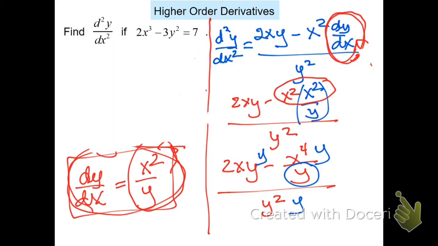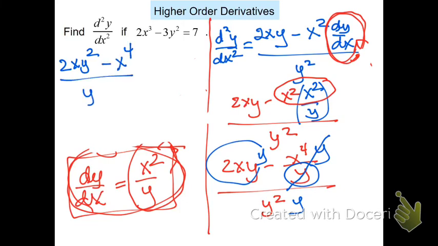Okay, so now this term will turn into a 2xy squared. This term, the y's cancel, and I just get an x to the fourth. And in the denominator, I have a y cubed. Okay, that would be my second derivative. Yes, I could factor out an x from the numerator, but you don't have to if it's not going to cancel. Okay, so we're done.